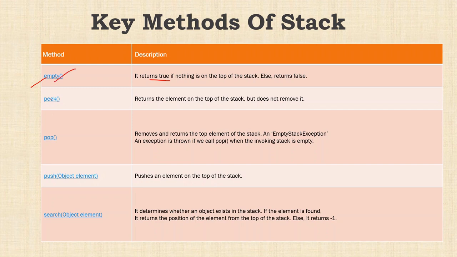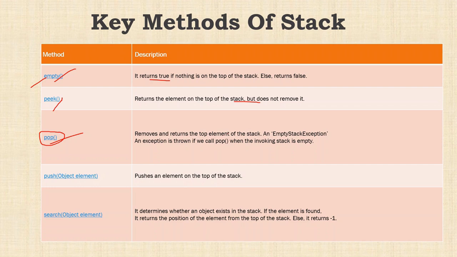Peek returns the element on top of the stack, but it will not remove or delete it. And pop removes and returns the top element of the stack.